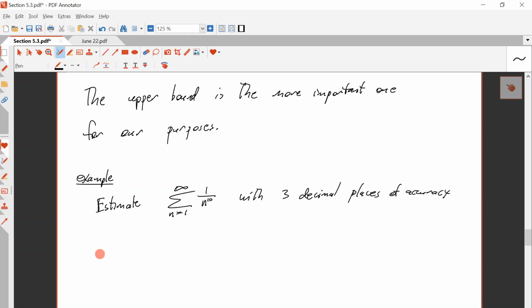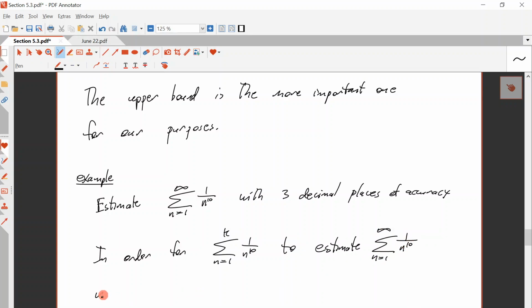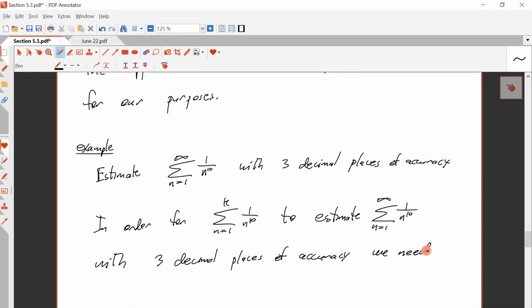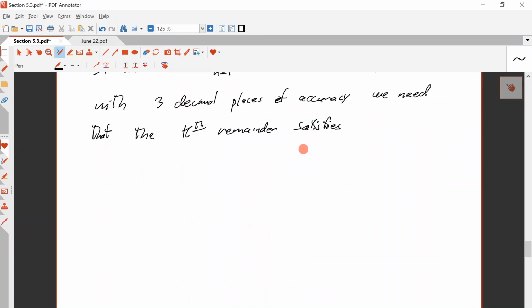So in order for the partial sum, the sum from 1 to k of 1 over n to the 10th, to estimate the sum n equals 1 to infinity 1 over n to the 10th with 3 decimal places of accuracy, we need that the kth remainder satisfies the following.